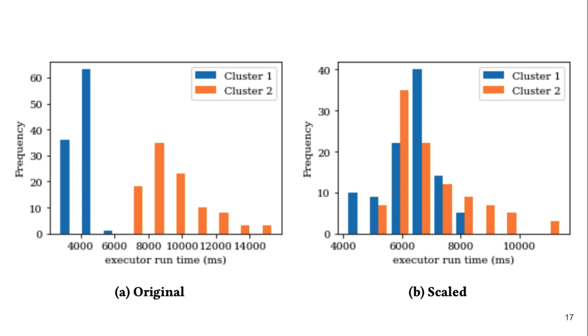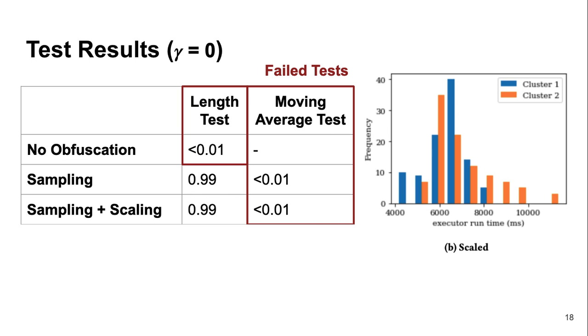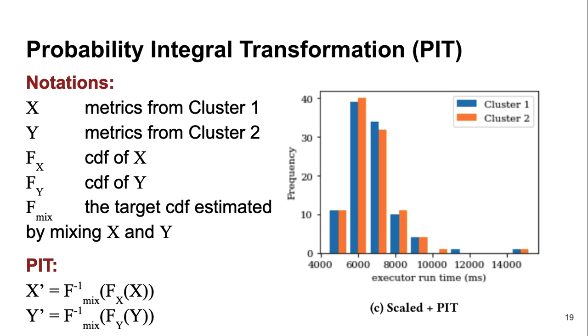To hide information leaked by running time, we first scale the numerical values to have them share the same distribution median. However, scaling alone does not completely hide the sensitive property because the two distributions still have different variance and skewness. We further designed a probability integral transformation to align the two different distributions. Basically, we generate a new distribution f-mix by mixing the samples from the two distributions.